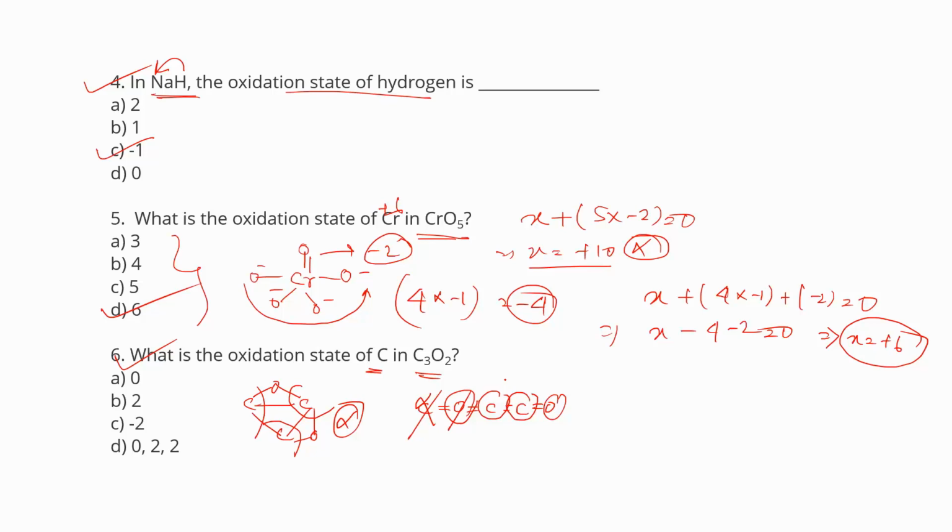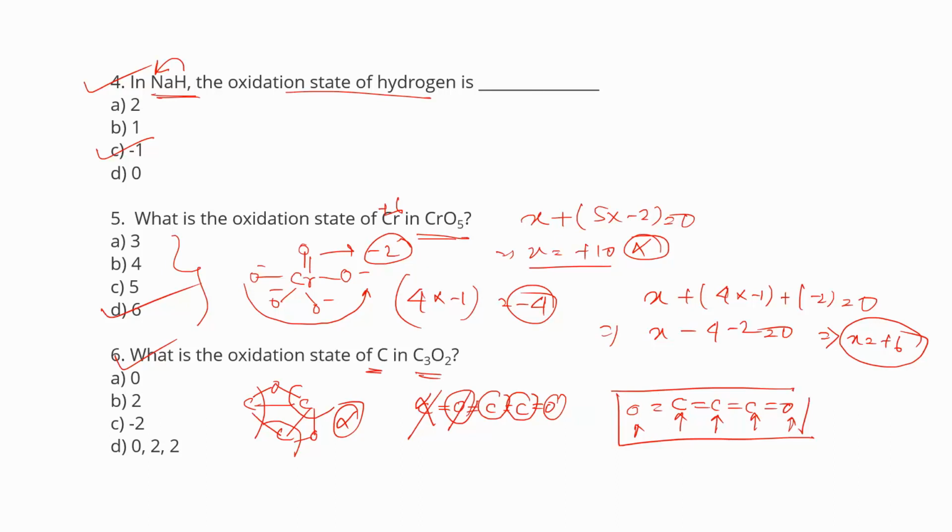So this is the problem. We have to know the proper geometry of the element, as it helps to calculate the oxidation number. So what is the proper geometry of C3O2? It will be like this: carbon, carbon, carbon, oxygen, oxygen. Here every carbon has 4 valency and oxygen has 2 bonds. So this is the right geometry of C3O2.